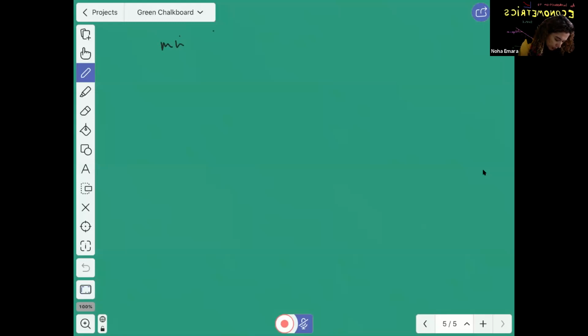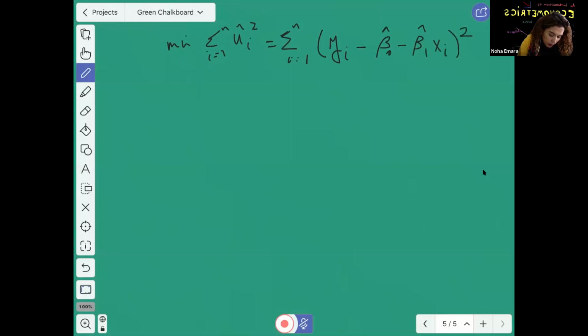Again, I want to minimize the sum from i equals 1 to n of u_i hat squared, which is equal to the sum from i equals 1 to n of y_i minus y_i hat. I can open the y_i hat into its components: beta hat naught minus beta hat 1 x_i, squared.